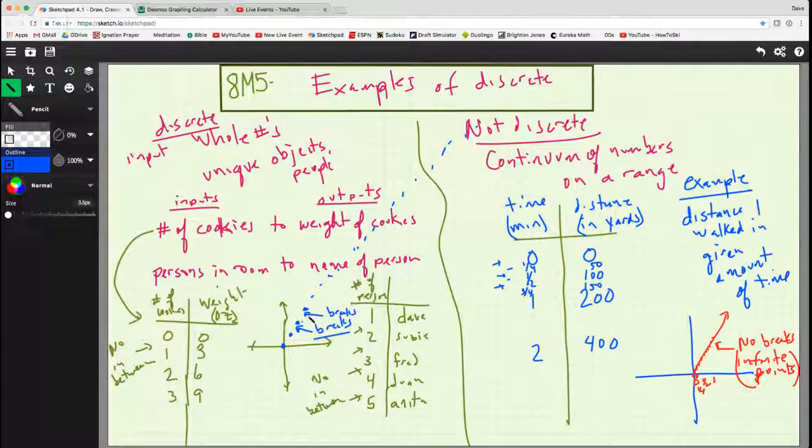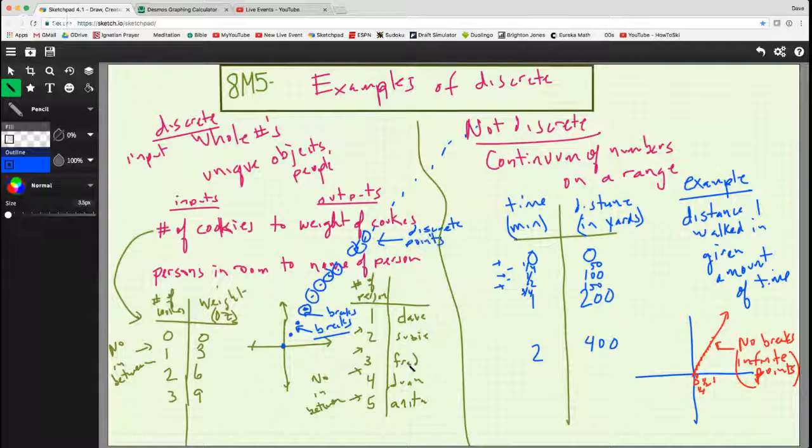You have discrete points on your line, and that's the whole key. The word discrete means unique or identifiable. Identifiable points that stand alone.